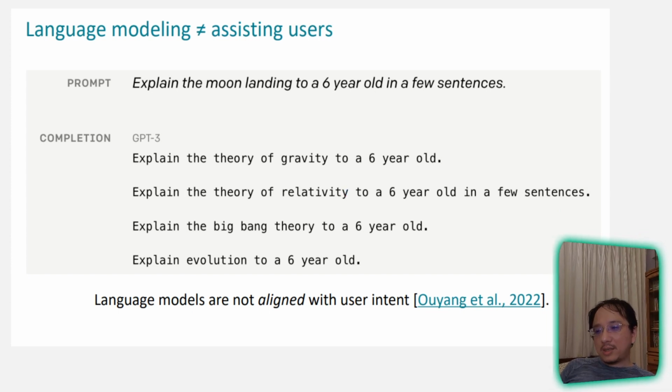That is because we are training the model to complete the sentence in a more general setting, and this setting may not align with what we intend. This may not align with our intention for what we wish the model to output.